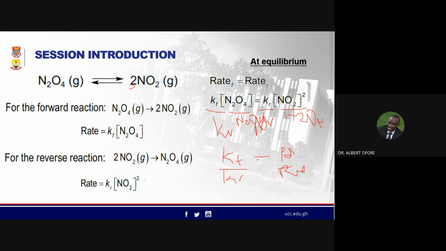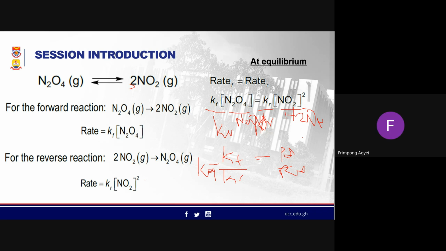The rate constants are still constant, so we put a general K there, or sometimes we write KE, which represents the equilibrium constant for that reaction.